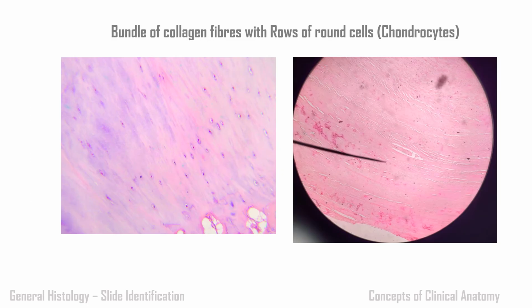Then coming to the third, the white fibrocartilage. Here there will be bundles of collagen fiber, and in between the collagen fibers, rounded cells with rounded nuclei. That is the differentiating feature between white fibrocartilage and dense regular connective tissue.